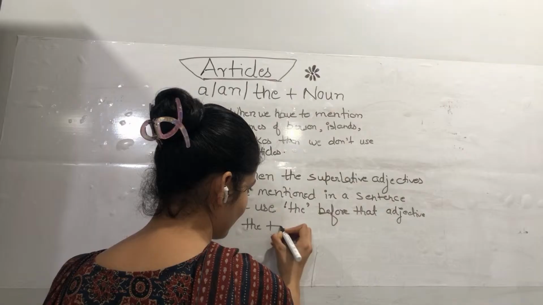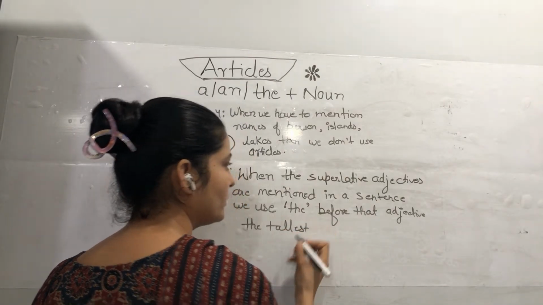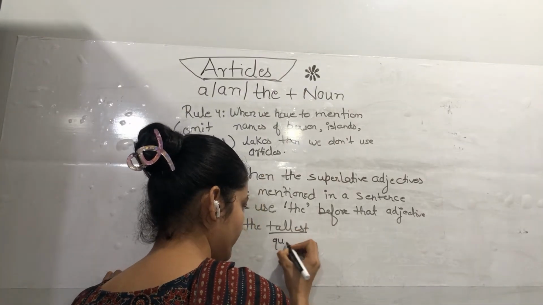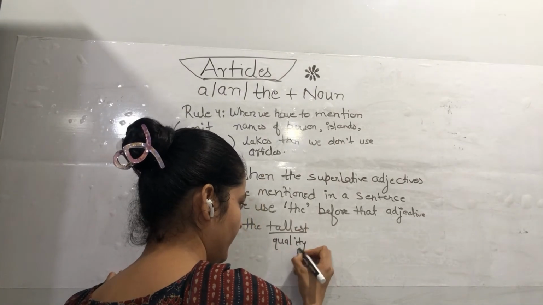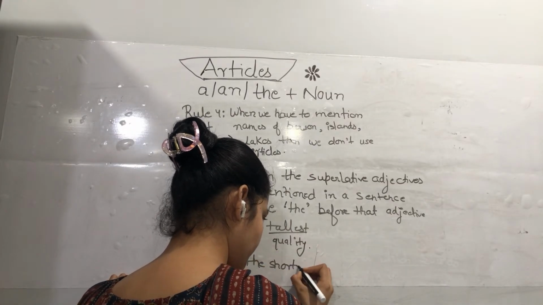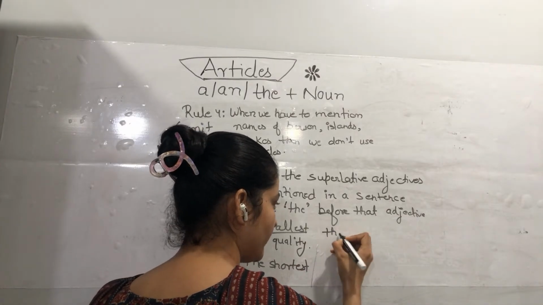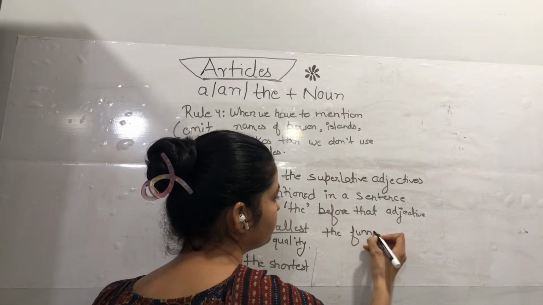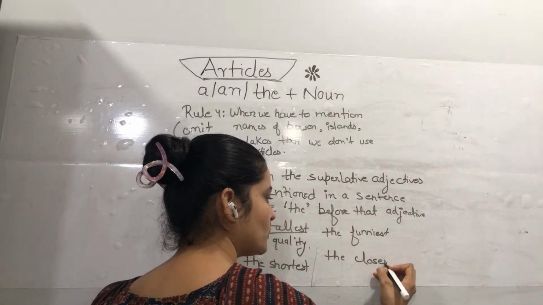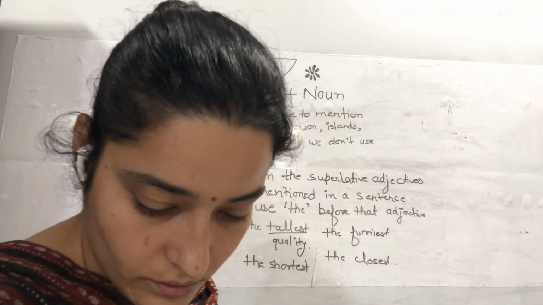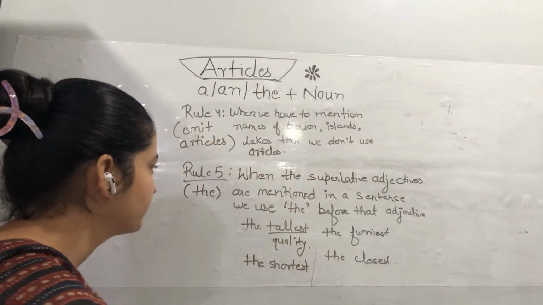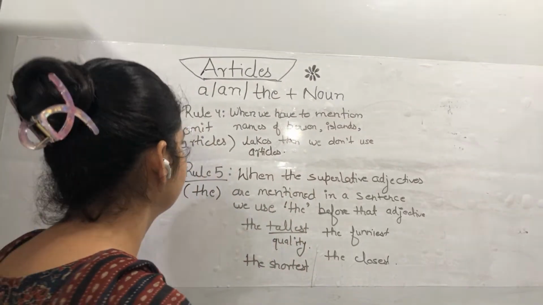The tallest means with the superlative adjective you can use the. Okay, tallest is the quality of that person, building, etc. So the shortest, the funniest, the closest. So these all things depending upon the quality. Okay, so these are the 5 rules, and one more rule is there.